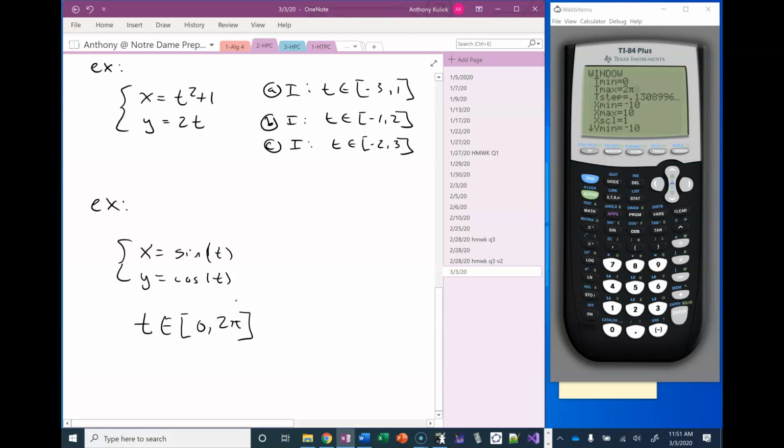The unit circle, yeah. So if I change this to sine of t, and then cosine of t, I get exactly the unit circle.